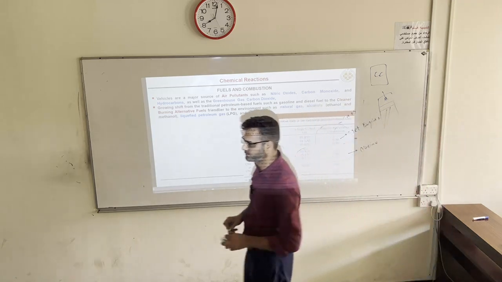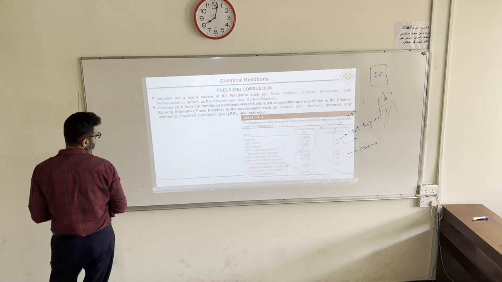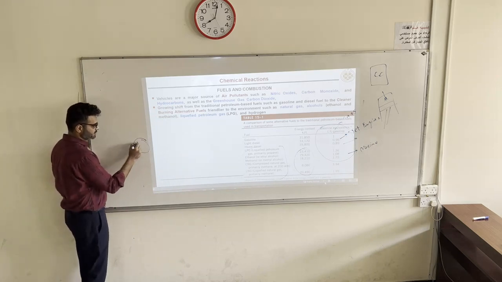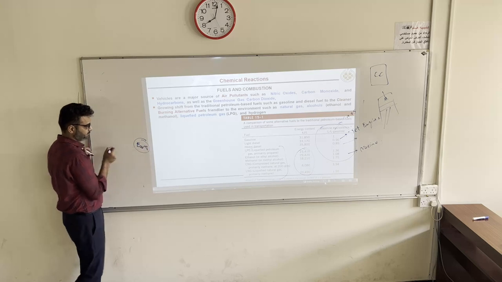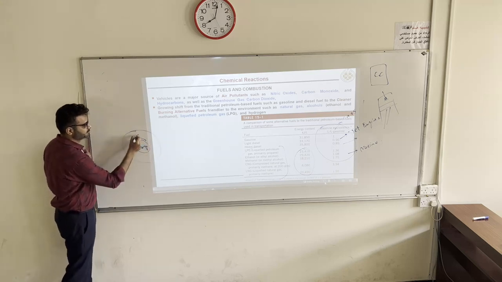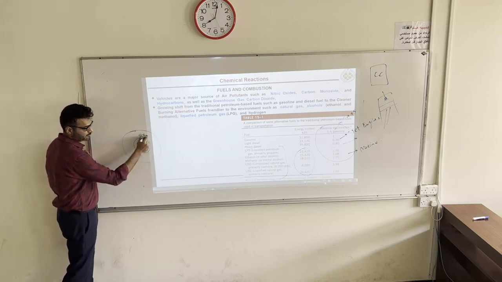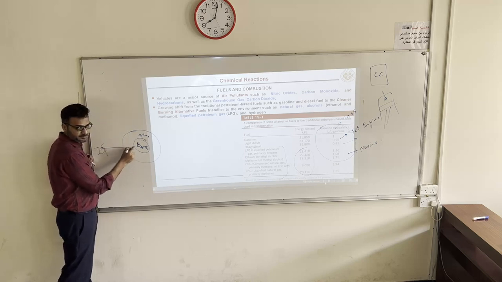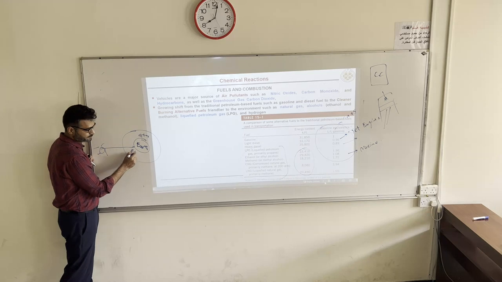Greenhouse means what? Okay, quickly, I cannot waste time on this. Earth, atmosphere, sun. Here the sun's radiation is entering, this is E in.